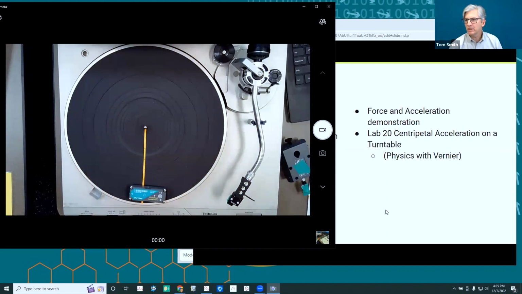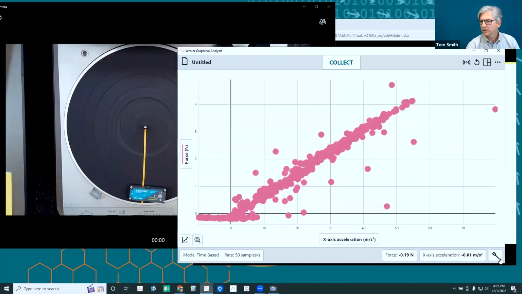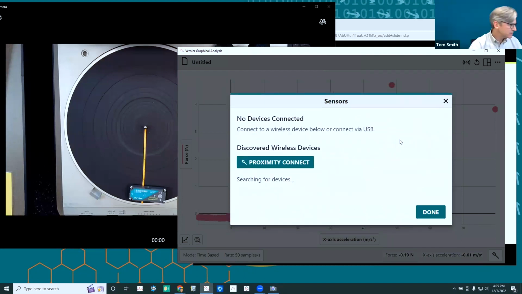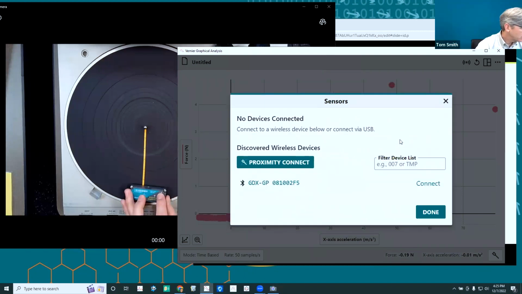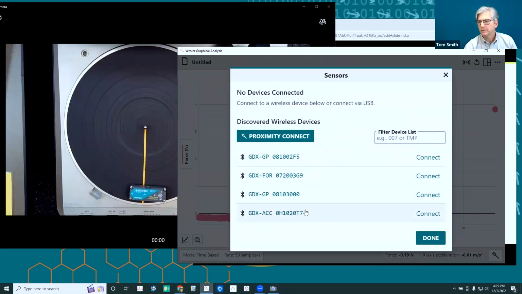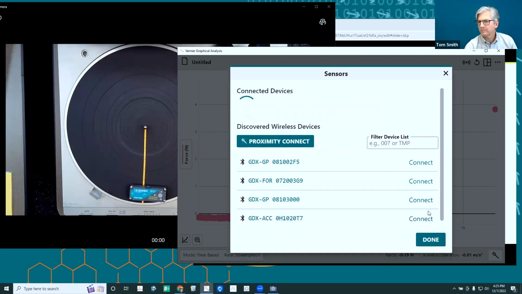This is all tied up with Lab 20. Looking at this, I'll go ahead and collect some data with this again. So in this case, I'm going to disconnect from that sensor, and I'll start up my accelerometer and connect with that.